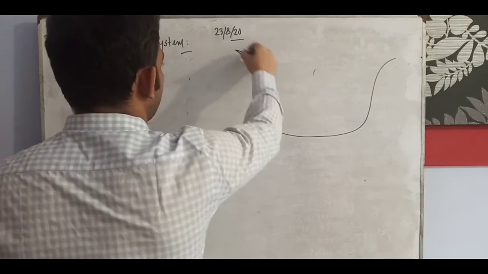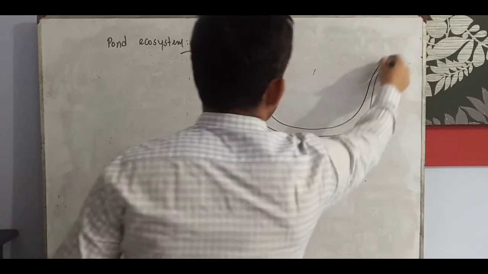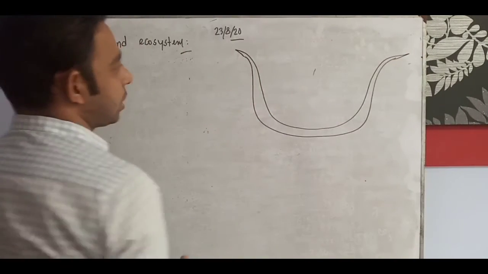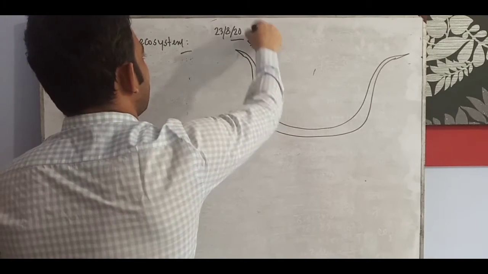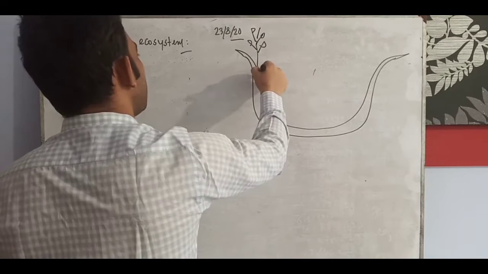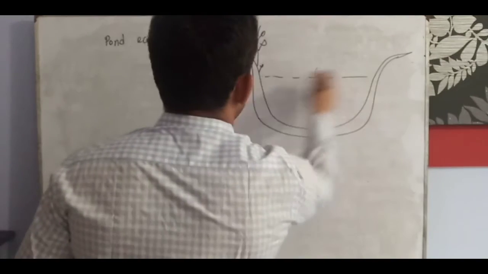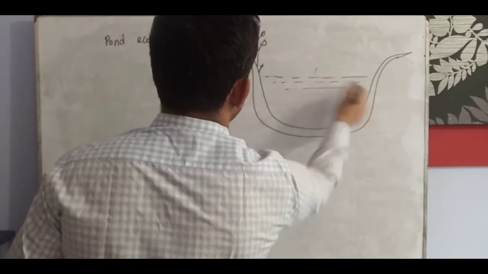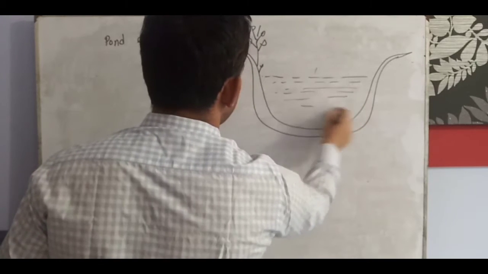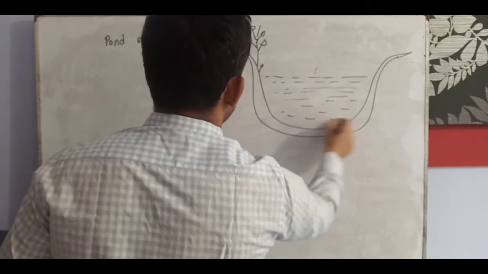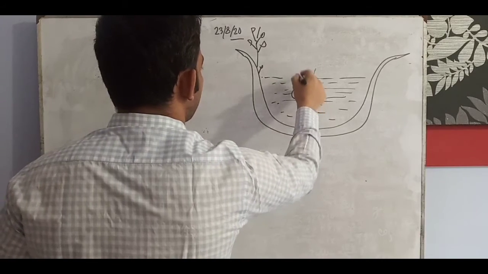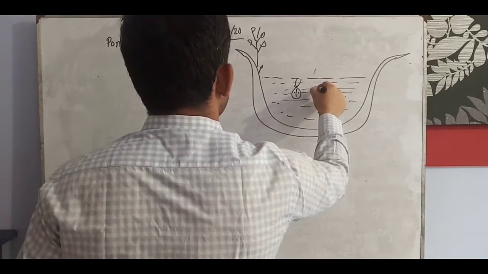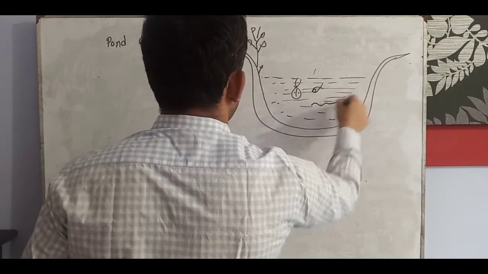We can make sure, just like the ecosystem study. There is a level of water. Of course there will be everything in that way. There will be some insect-like structures, there will be fishes, there will be snakes.